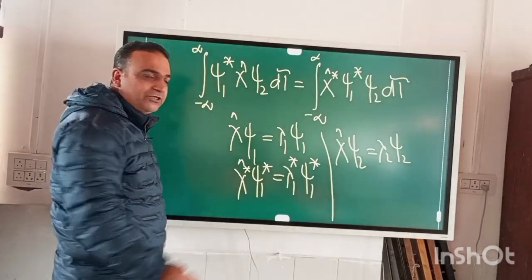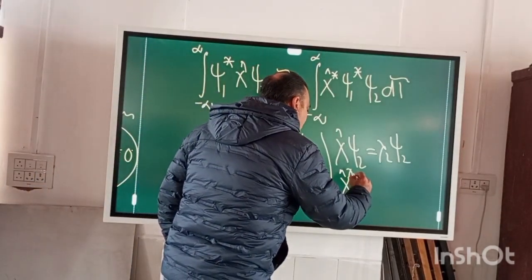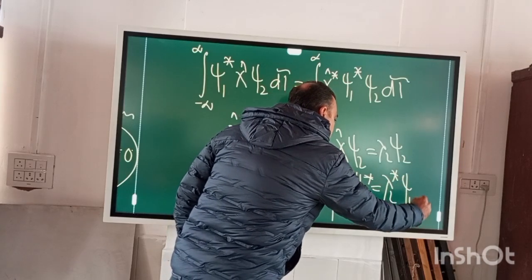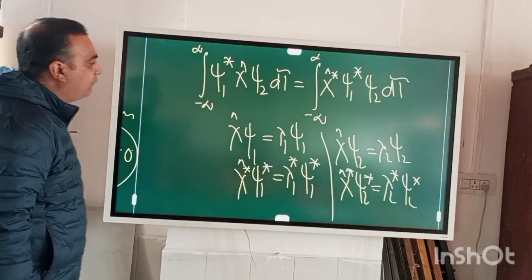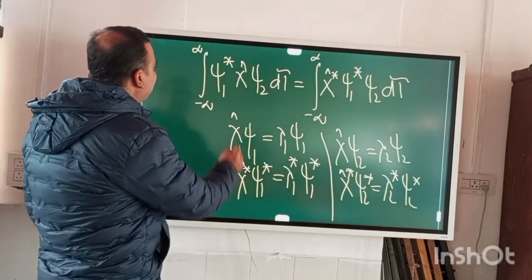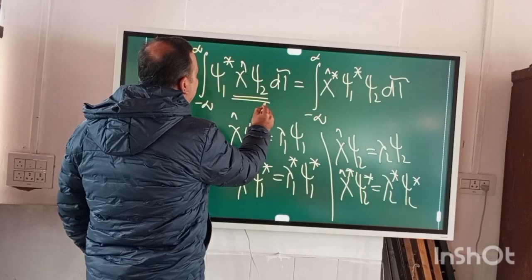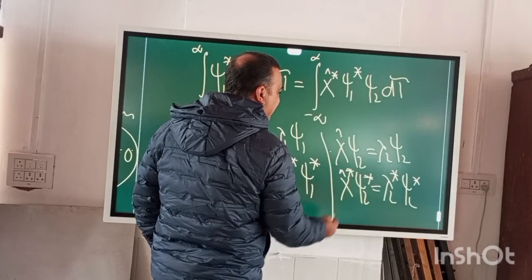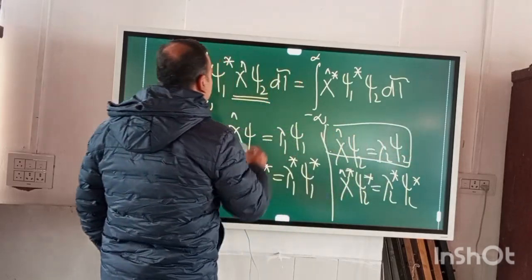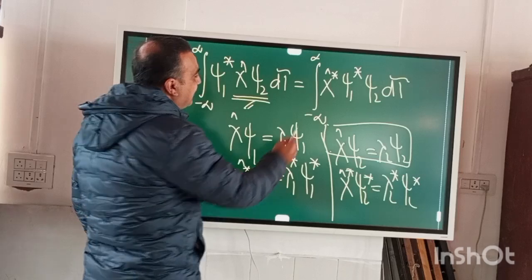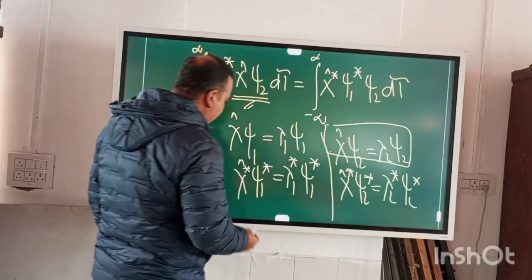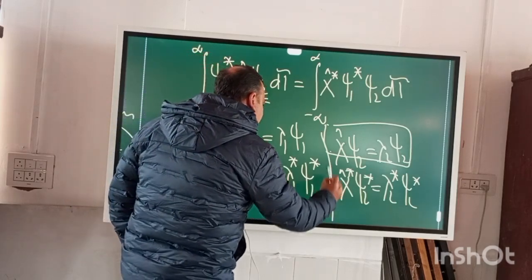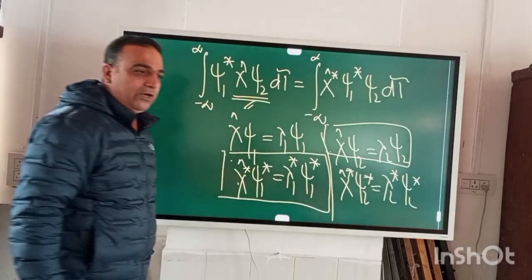Taking its complex conjugate, x cap star psi2 star is equal to lambda 2 star psi2 star. So x cap psi2 will give lambda 2 psi2, and I can use this in the left hand side of the equation. And x cap star psi1 star is equal to lambda 1 star psi1 star, and I can use this condition in the right hand side of the equation.